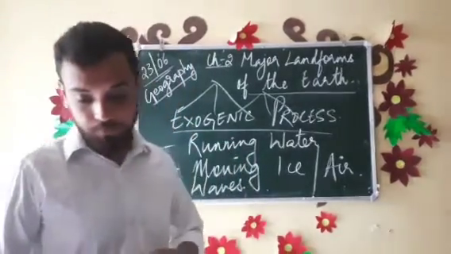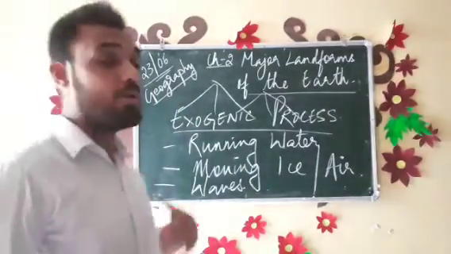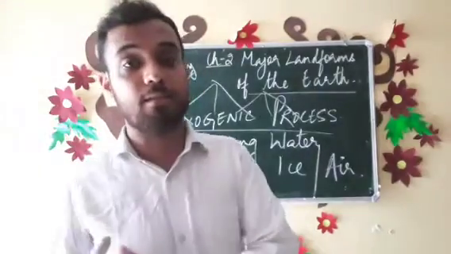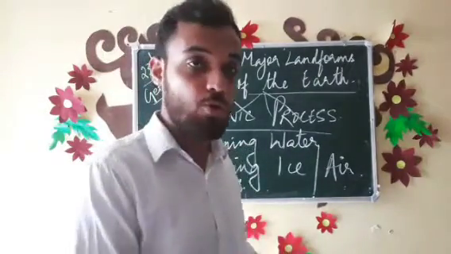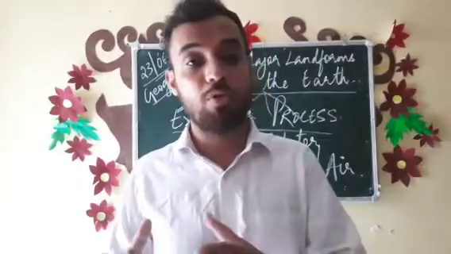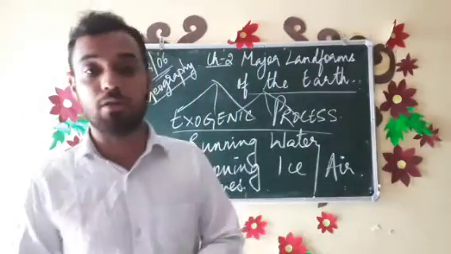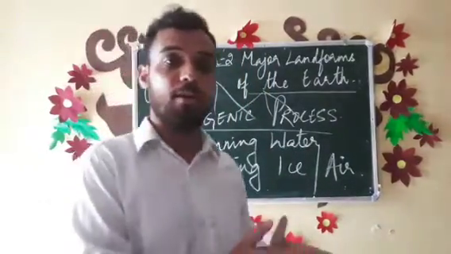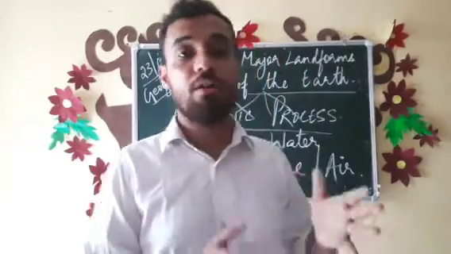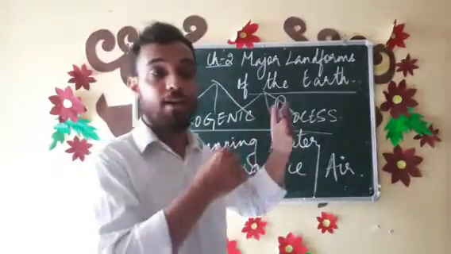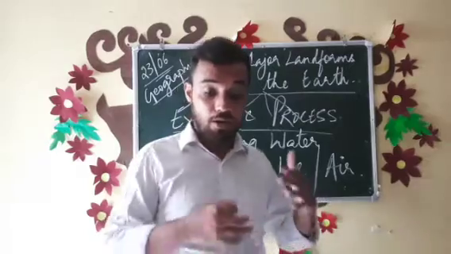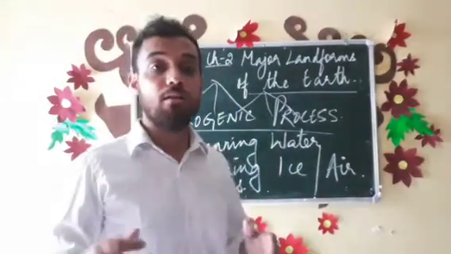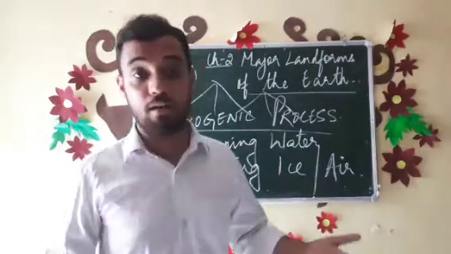Okay? Now, deposition. Deposition is when these things are being carried by the agents of erosion, these things have to get collected somewhere or the other. Meaning when they are being carried by these agents, air, water, they are getting collected at one place. Now there we can see a different landform, delta.